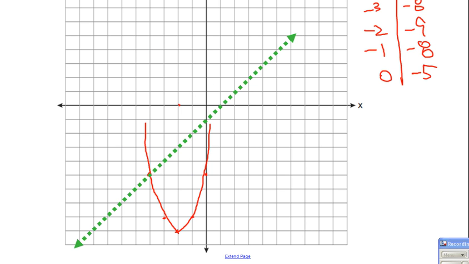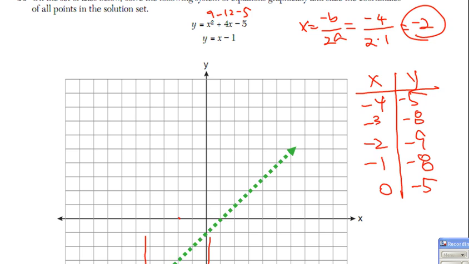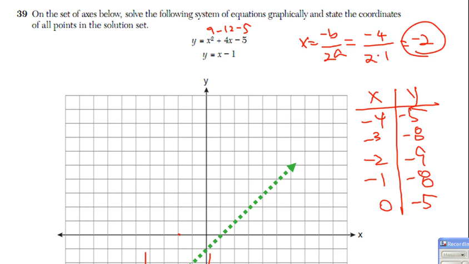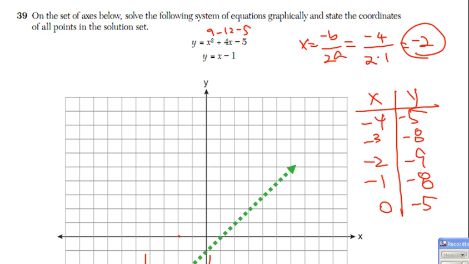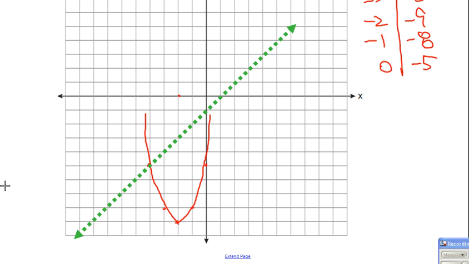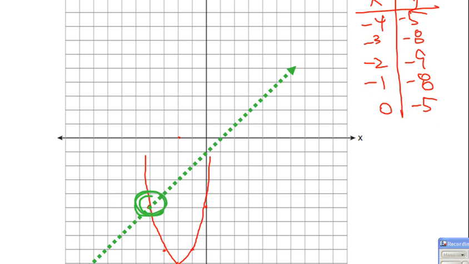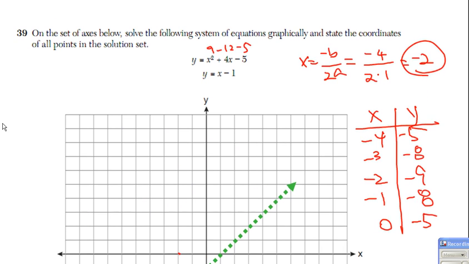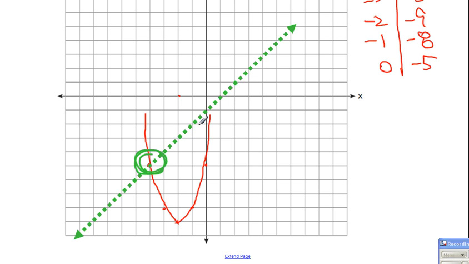I believe this is it. So all points of solutions. So we have, this is one such point. And second one, slope is equal to 1. So we have going up and up and up and up. And probably this will be the next point where this line will cut across.